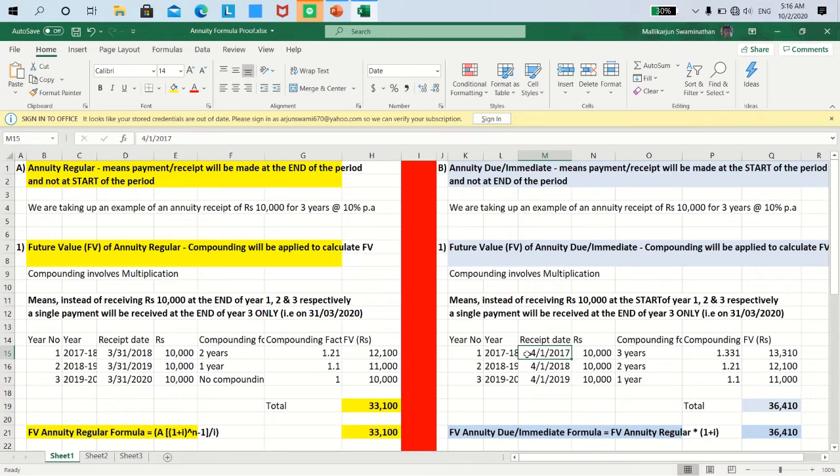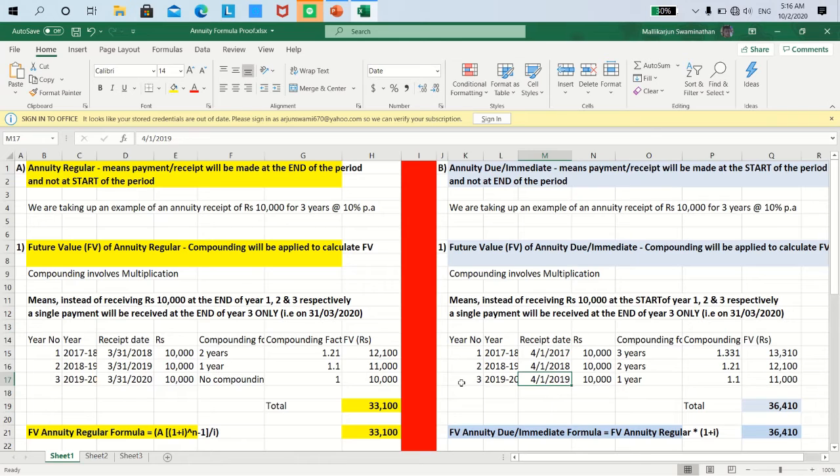I repeat, column M, row 15. We notice that it is 1st of April 2017 as the receipt date. The second installment is due on the 1st of April 2018, highlighted in cell M16, and the third installment is due on 1st of April 2019, highlighted in cell M17.